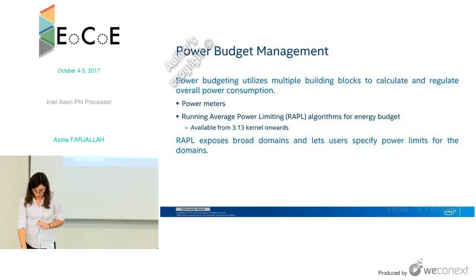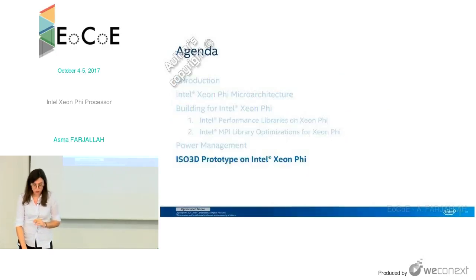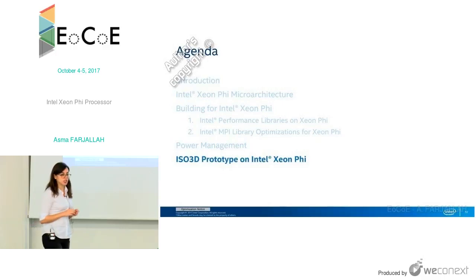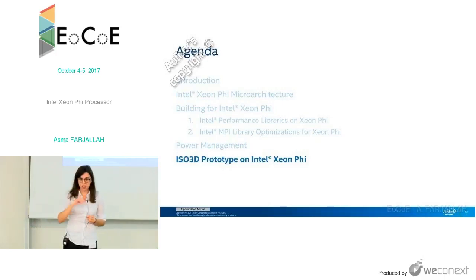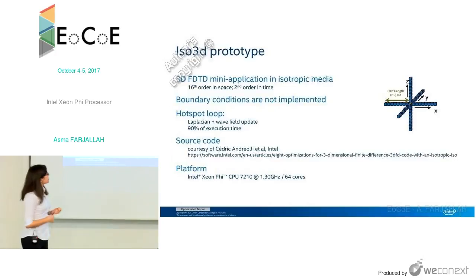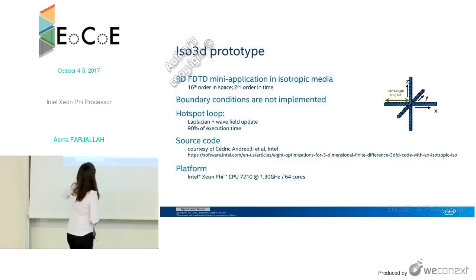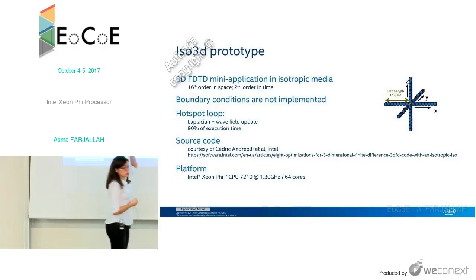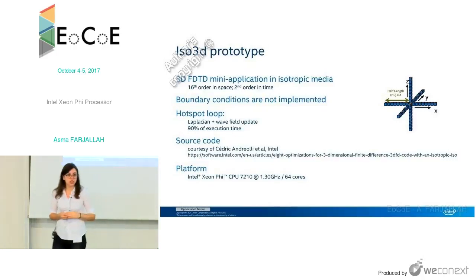Now the last part is a prototype that I've used for a kernel, and we've been going through the optimization of this kernel. I did some measurements for energy and power, just to highlight the importance of optimization on performance and on power consumption on this kind of architecture. The code is already online, so you can use it and optimize the kernel if you wish.